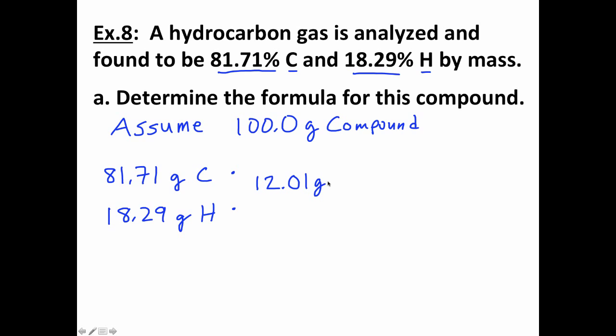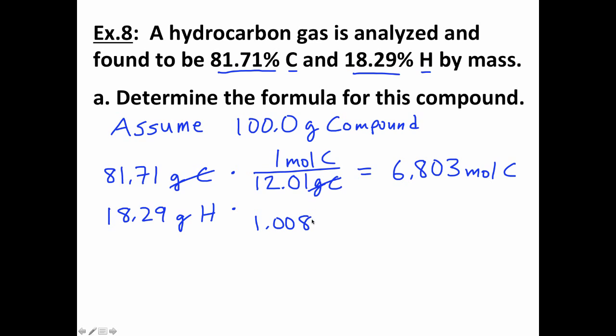So there's 12.01 grams of carbon in 1 mole of carbon. And we can then convert our 81.71 grams of carbon into moles of carbon. Turns out it's 6.803 moles of carbon. And we can convert our grams of hydrogen into moles of hydrogen, because there's about 1.008 gram of hydrogen per 1 mole of hydrogen.